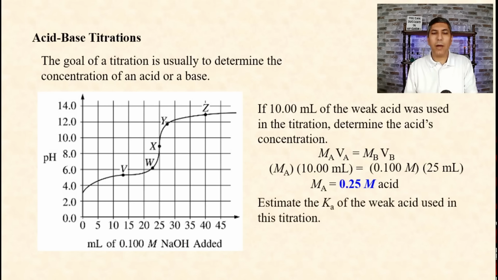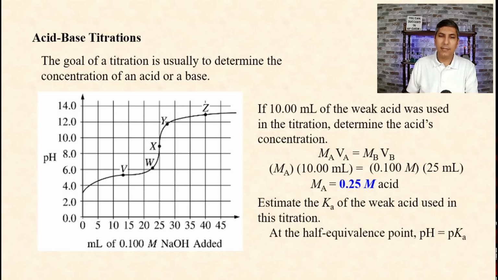Now, how about if we're asked to estimate the Ka, the acid dissociation constant, of the weak acid used in this titration? Well, a key little nugget of information that you need to know is that at the half equivalence point, or halfway to the equivalence point, the pH at that moment is equal to the pKa, or the negative log of the Ka of the acid.